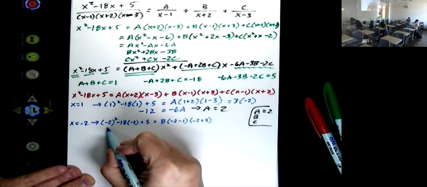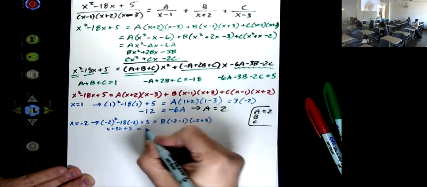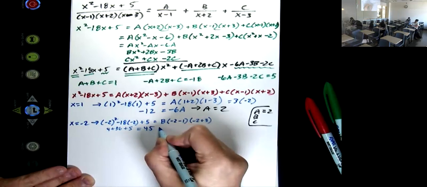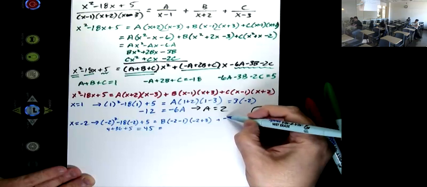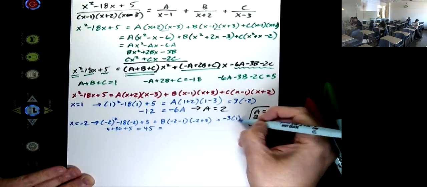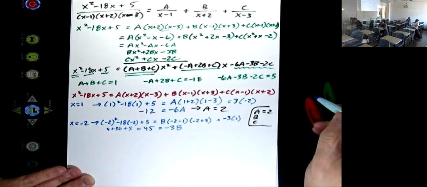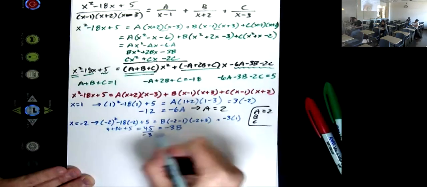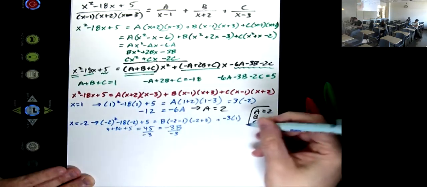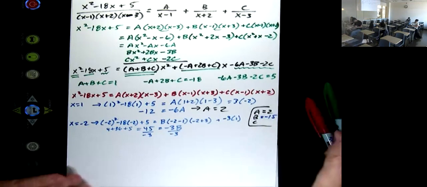This is 4 plus 36 plus 5, which is 45. And on the right, we have negative 3 times 1, negative 3b. B equals negative 15. That's a big number.